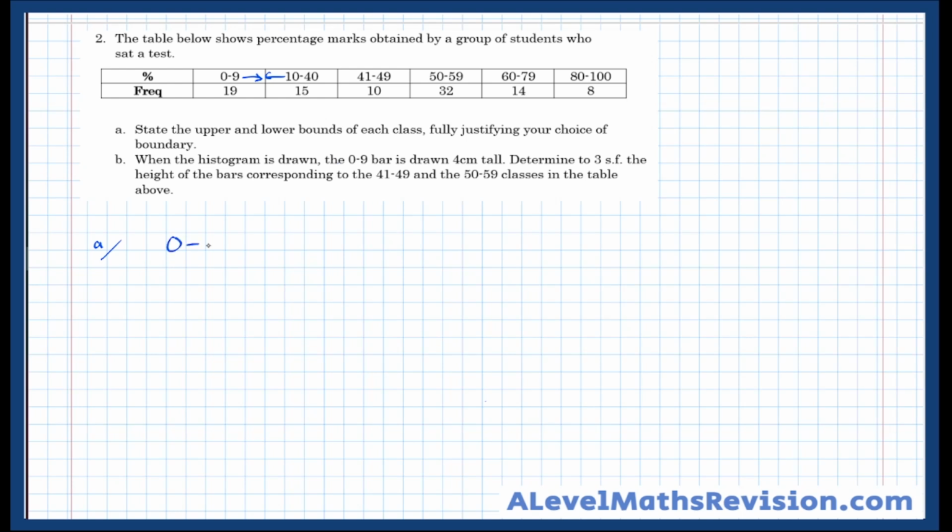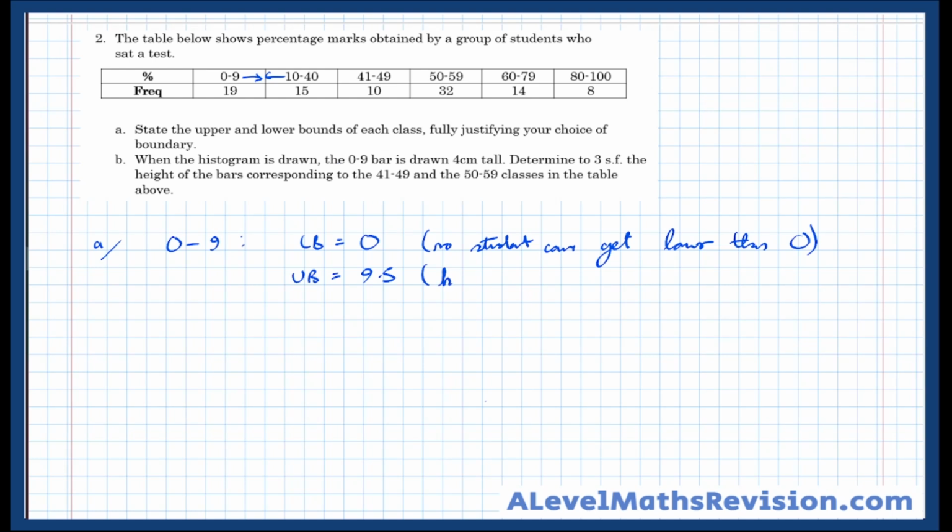So for 0 to 9, the boundary I'm going to use, the lower bound, is 0. And I'm going to fully justify it because no student can get lower than 0. And the upper bound is going to be 9.5.